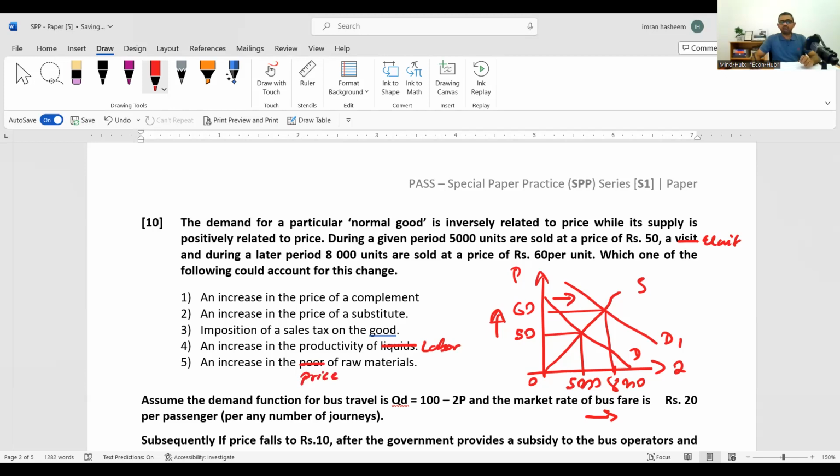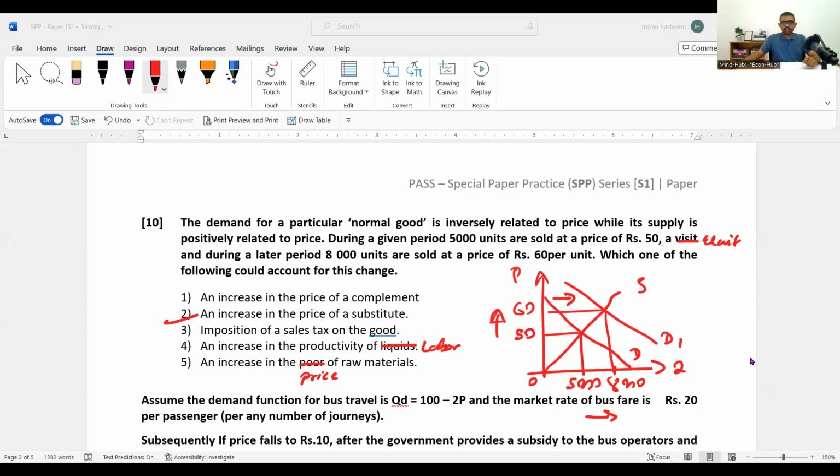Increase in the price of raw materials, but it's connected with supply, and supply will decrease. Again, price will increase, but quantity will decrease. So the correct answer is number 2. Correct answer number 2. Okay.